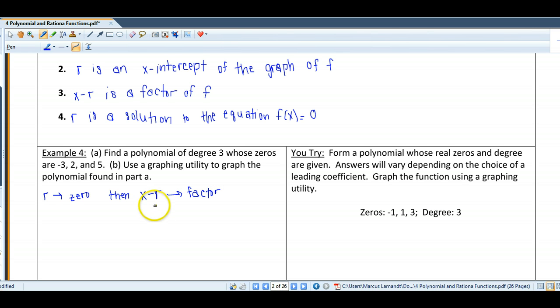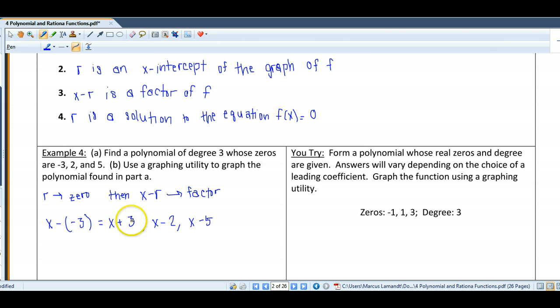Because obviously if you set x minus r equal to 0, x equals r. This means that x minus -3, which is the same as x plus 3, also x minus 2 and x minus 5 are all factors.